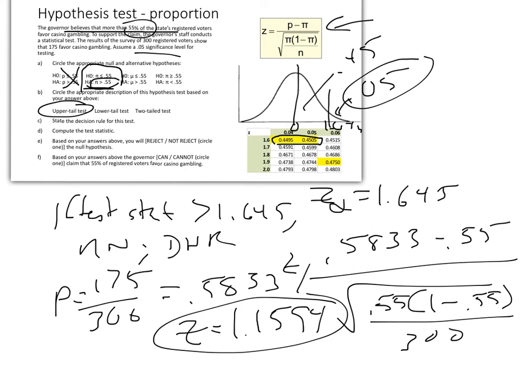Comparing those two, we are not in the rejection region, therefore we will not reject the null. Based on our answers above, can the governor claim that more than 55% of registered voters favor casino gambling? We cannot make that claim. Only if we had fallen into the rejection region could we do that.